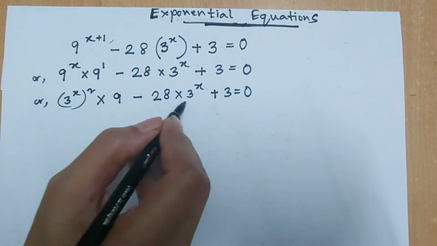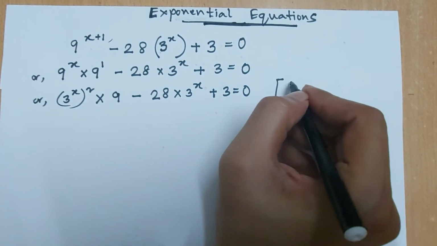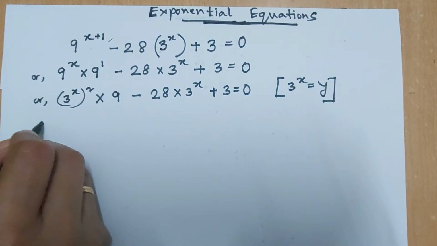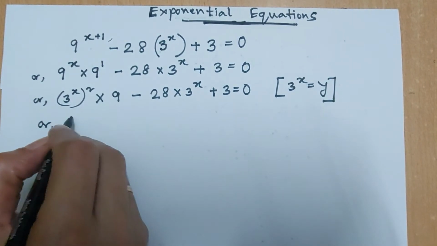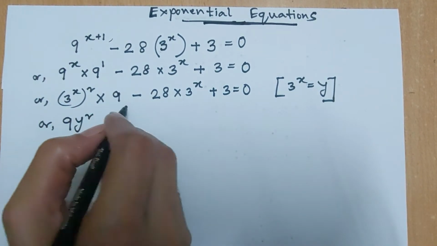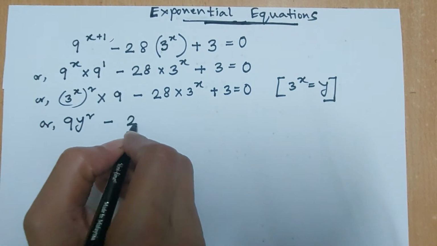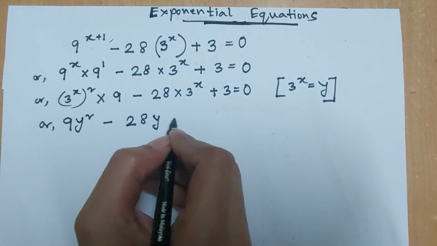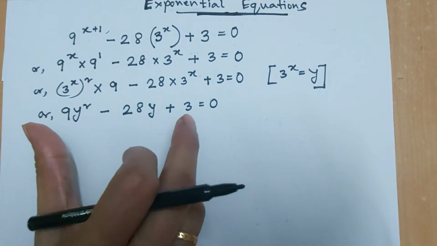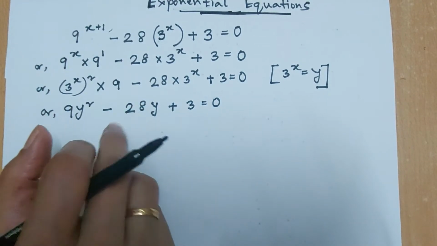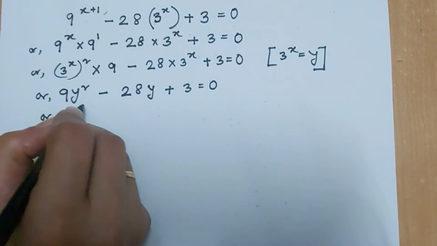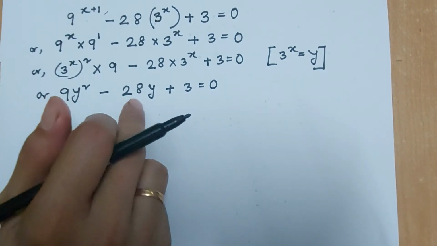I am taking 3 power x as y in my next step. So the line will be 9y square minus 28y plus 3 equal to 0. Now the step is ready for middle term factoring.